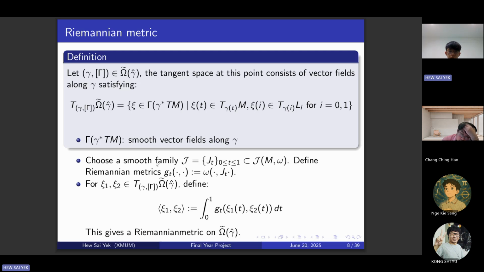We can define a family of Riemannian metrics. Then for any vector fields in the tangent space, we define the metric as the integral of the Riemannian metric. So this gives a Riemannian metric on the space.